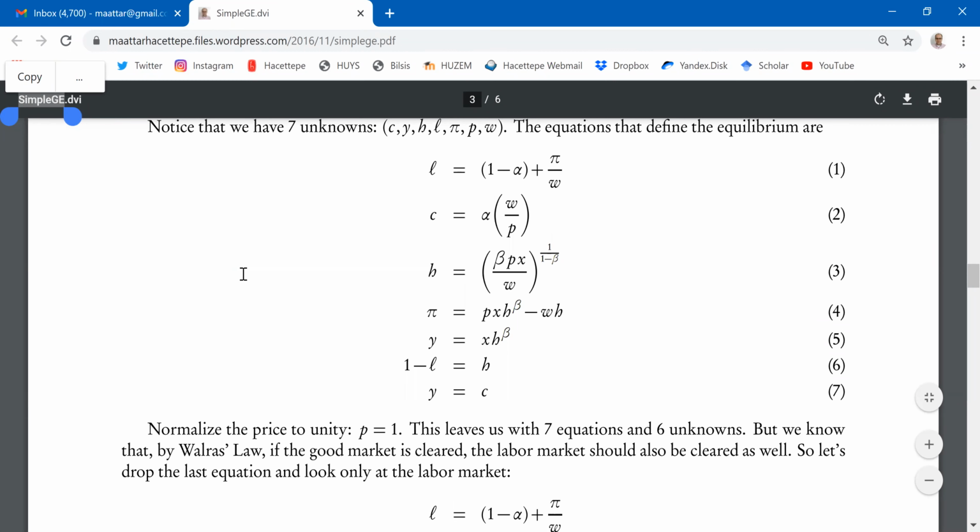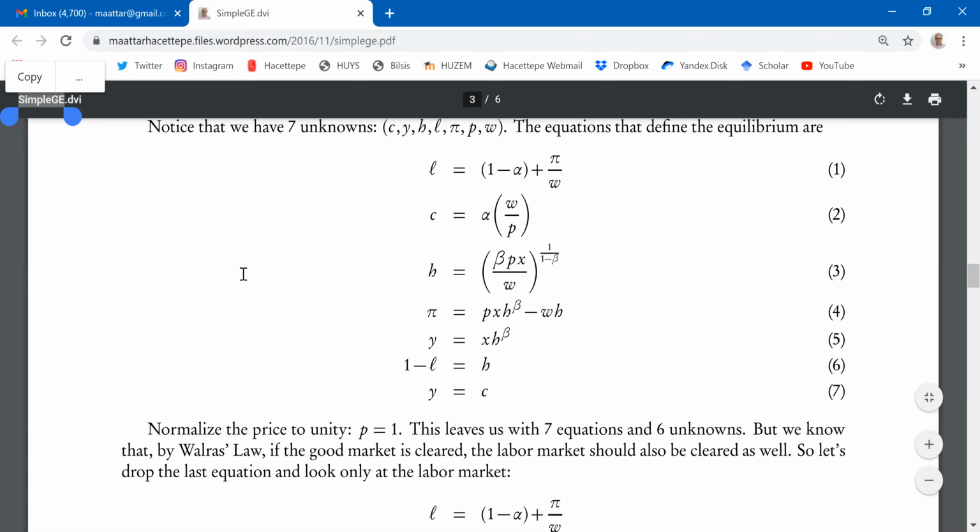If I clear one of the markets, let's say the goods market, then this automatically clears the labor market. In other words, the market clearing conditions, 1 minus L equals H and Y equals C, carry the same information. For this reason, one of them is redundant. So there are actually 6 equations here, not 7.